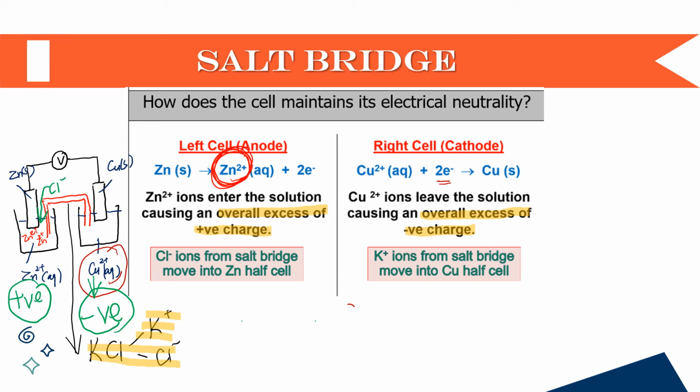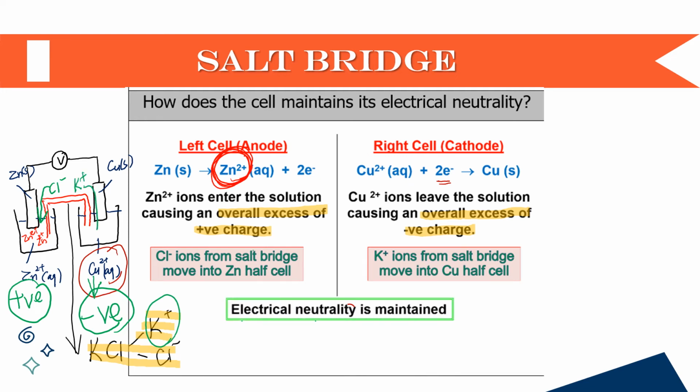So how will the salt bridge help to maintain this neutrality? Since it is more negative right now, the K plus ions will move from the salt bridge towards the cathode half cell to make sure that the electrical charge over here is balanced. The plus charge and the negative charge are balanced.